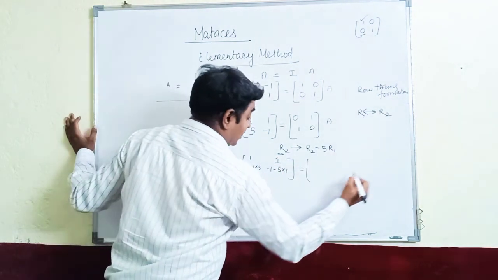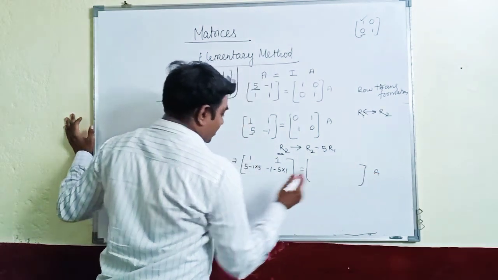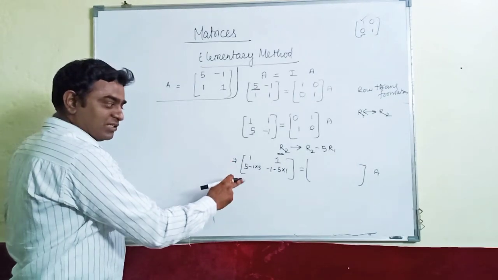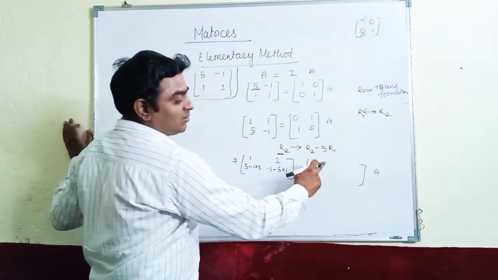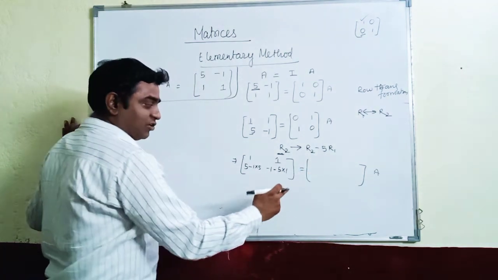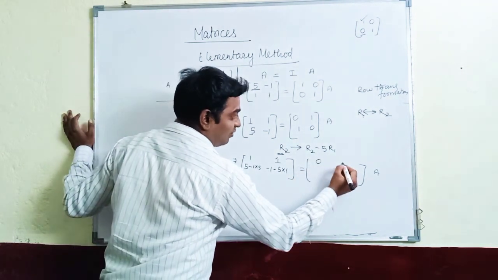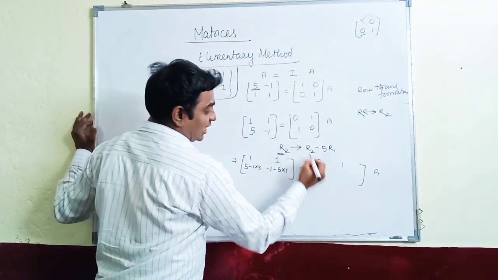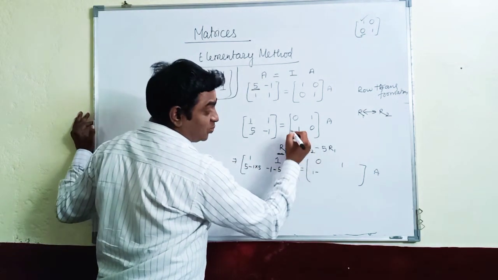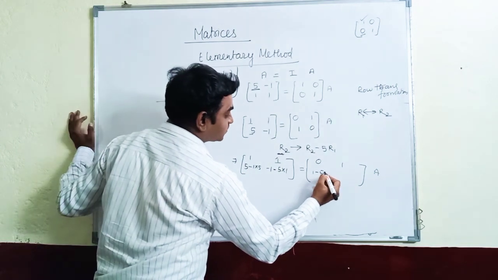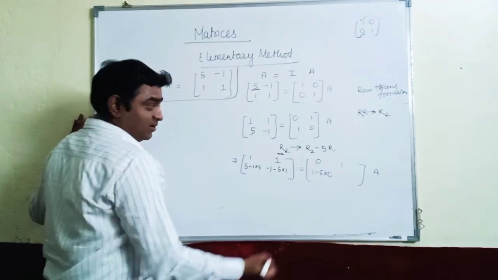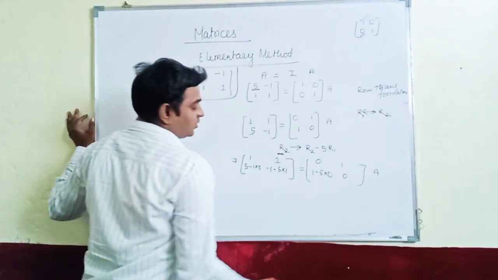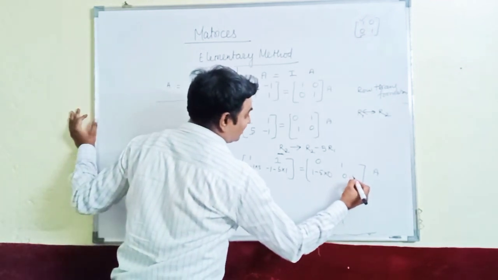Here, as you know, if you apply any operation here, the effect will come here only. So what will be the effect? R1 will be the same, but R2 gets changed, because R2 minus 5 times of R1. Here 0 is here, 0 minus 5 times of R1.